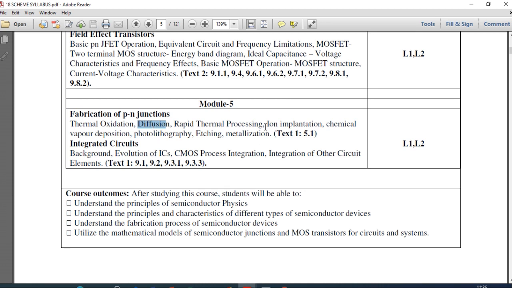Ion implantation is used just to apply impurities, which are doped into the substrate, either p-type or n-type.